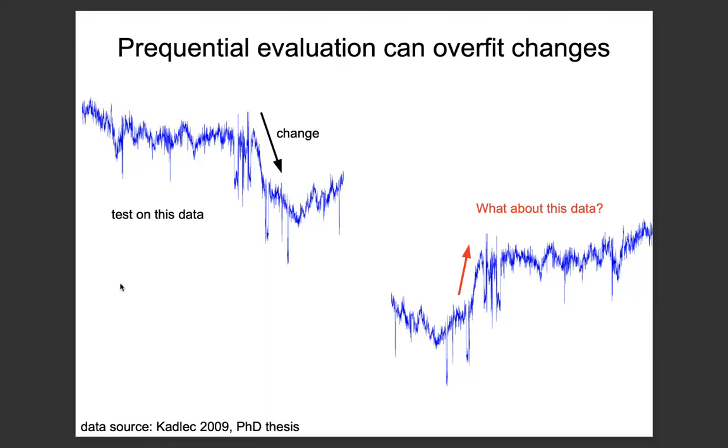For this original data, we have a much longer observation time before the change happens, and then the change happens. Here we have a much shorter observation time, almost identical circumstances, but the situation is reversed.